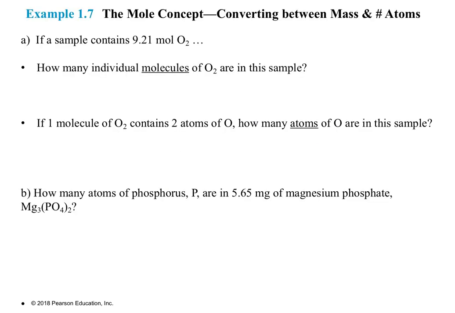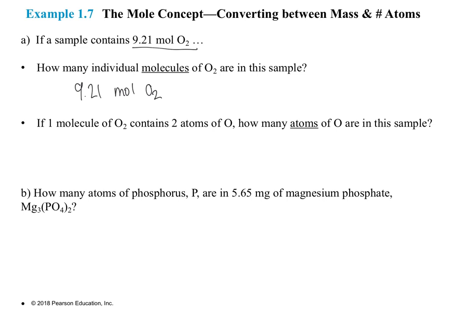All right, this next one is a little bit of a trickier one. I have a situation where I have 9.21 moles of oxygen. Now, oxygen is a molecule that contains 2 oxygen atoms. So in this case, I want to know how many molecules are in the sample. So again, Avogadro's number isn't just for moles to atoms, it's from moles to any number of particles. In this case, our particles are going to be these molecules. So I'm going to do 9.21 moles of oxygen, molecular oxygen.